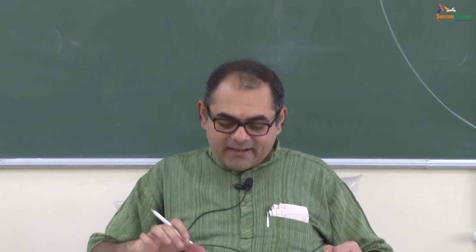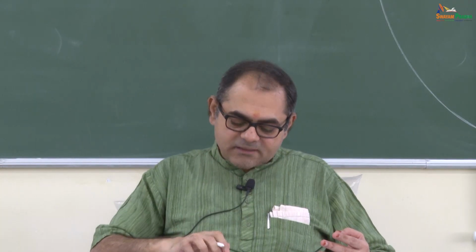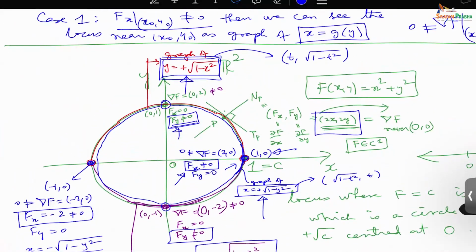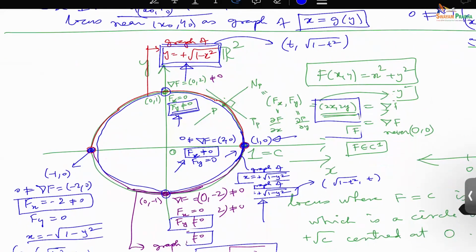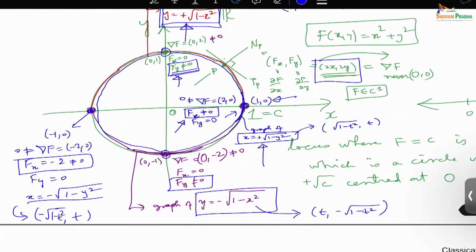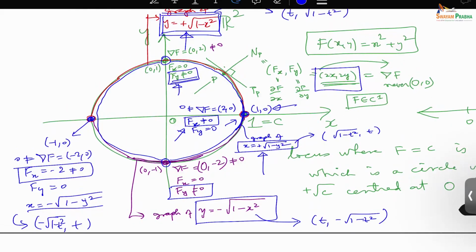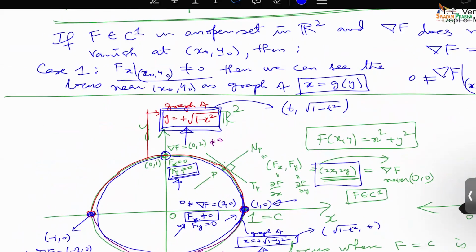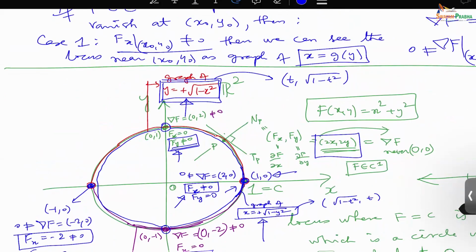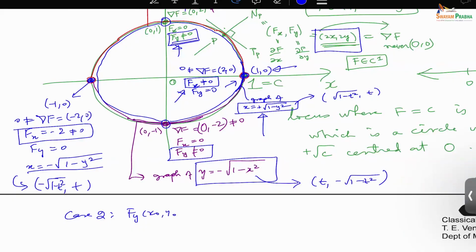And you have a similar statement for the other case. If fy is not 0, then what happens? That's my diagram here, so I will just continue it here. So case 2 is fy of x0 comma y0 is not 0.